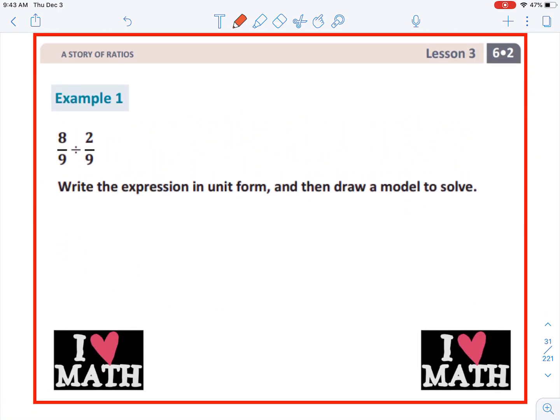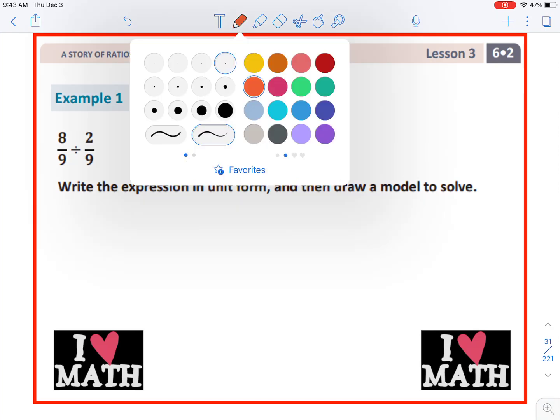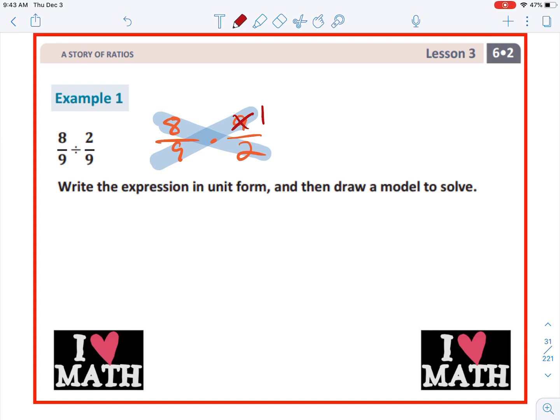So example number 1, 8 ninths divided by 2 ninths. I'm going to skip dot flip. 8 ninths times 9 halves. I can multiply across or I can cancel out. I see a cross from each other. I know the 9 and the 9 can cancel out, and that would both be 1.